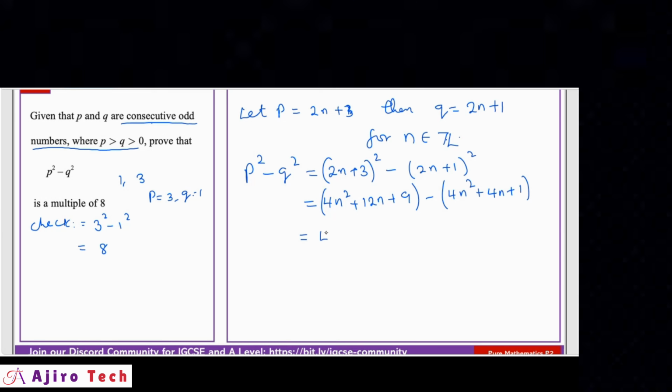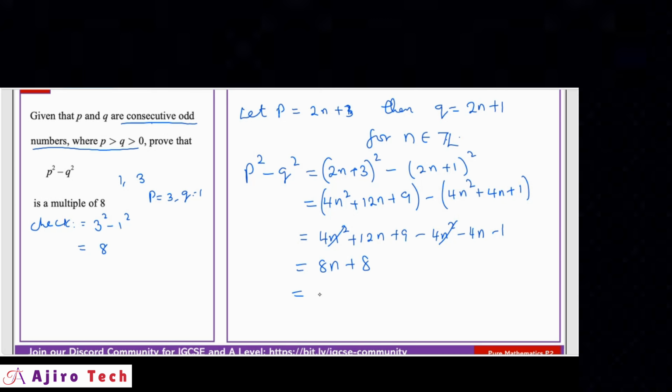So we have 4n squared plus 12n plus 9 minus 4n squared minus 4n minus 1. 4n squared cancels out 4n squared, then 12n minus 4n gives us 8n, then 9 minus 1 gives us 8.